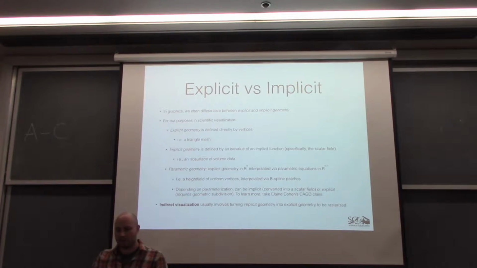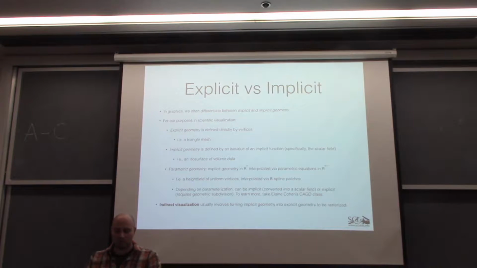So this is something that you see a lot in CAGD, and you do see in visualization and in scientific computing, but probably less than you would see standard implicit geometry from scalar fields, vector fields, and multi-fields. So this is the difference between implicit versus explicit and parametric.